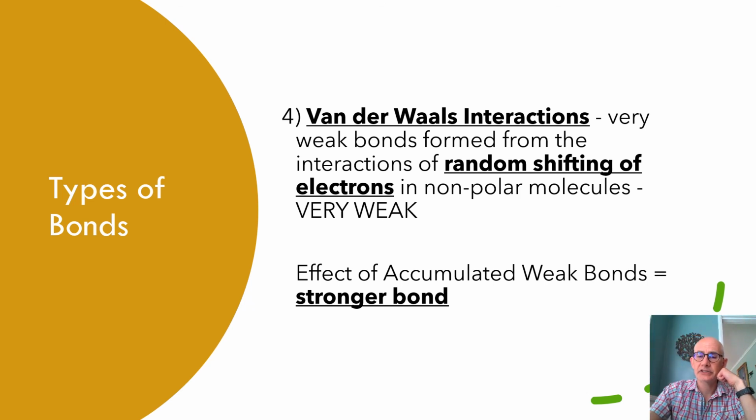So the accumulation of all these weak bonds can lead to a stronger bond, but it's still not as strong as an individual covalent bond or an ionic bond. But they are important for helping with different properties, and that will come into play when we talk about fats and oils and the structure of the cell membrane.